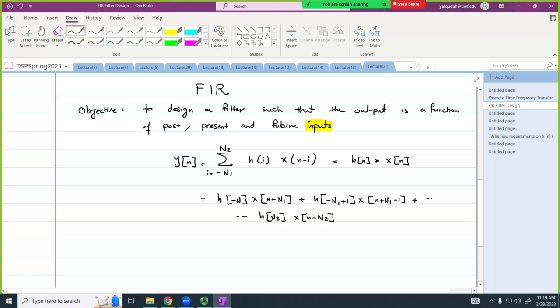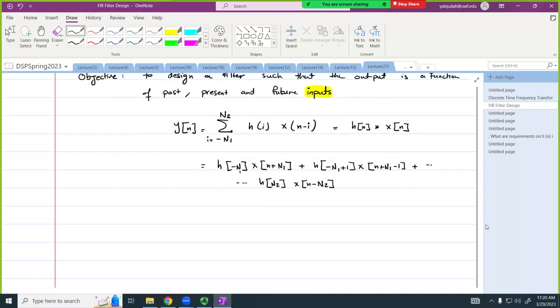Again, this is the convolution of h of n, the impulse response of the filter, and the input. And this is just expanding this summation. For that first term, is that the n1 term? Yeah, n1.